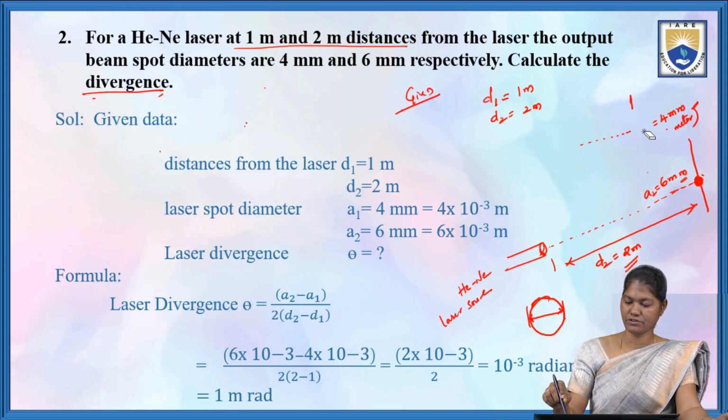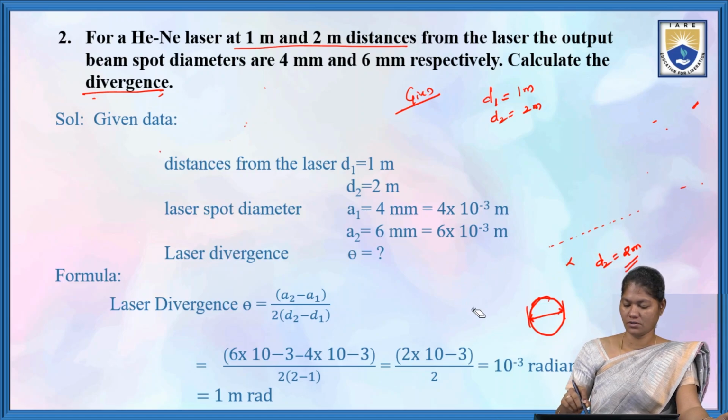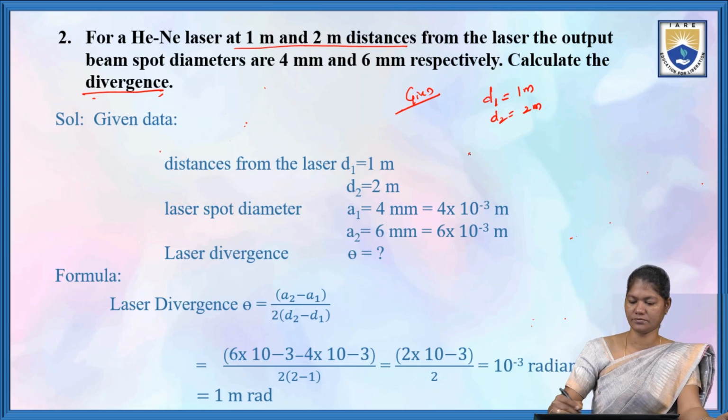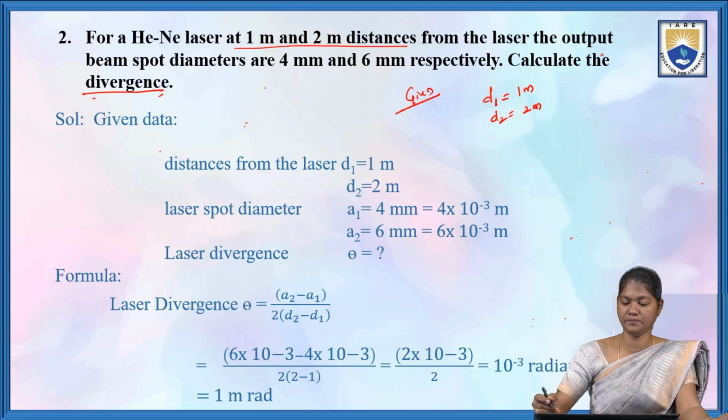The laser divergence formula: theta is equal to A2 minus A1 by 2 into D2 minus D1. The given data: D1 is 1 meter and D2 is 2 meters, and the diameters A1 is 4 millimeters and A2 is 6 millimeters.